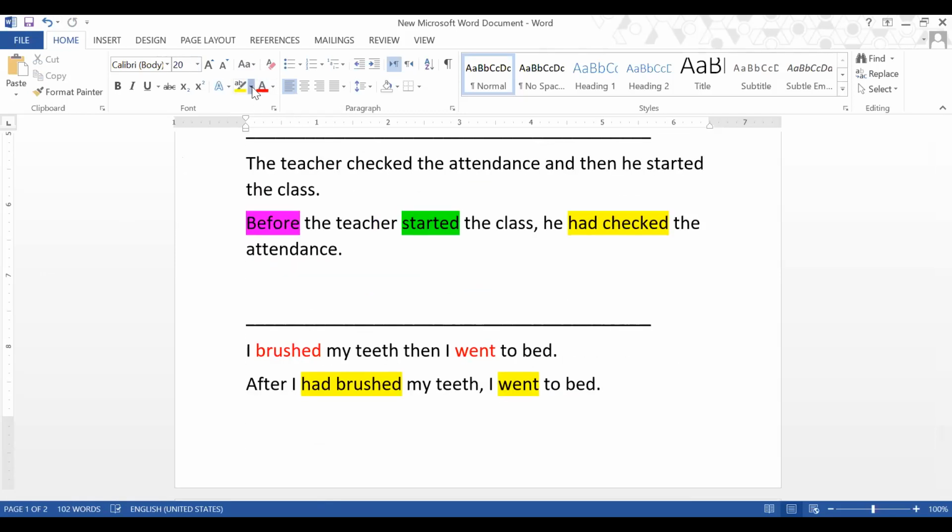Because the expression after must be followed by had plus past participle, not like before. Before is followed by verb 2, whereas after is followed by had plus past participle. So after I had brushed my teeth, I went to bed.